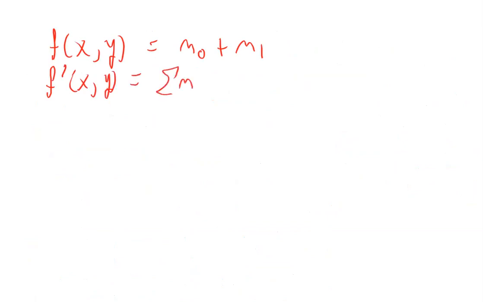f of x comma y is equal to m0 or m1. Find f prime of x comma y in canonical sum of products shorthand notation. What are the indices?